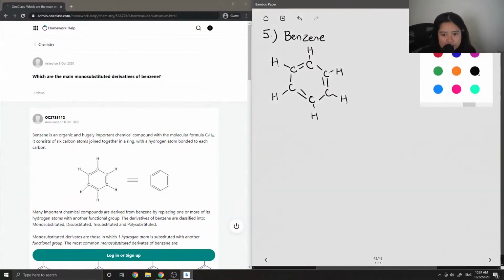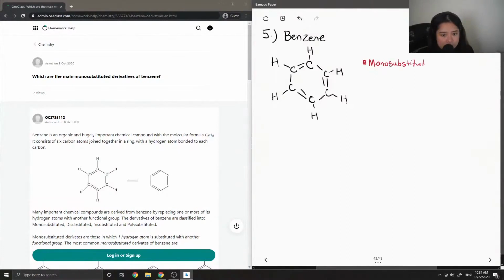So when we have a monosubstituted derivative, since there's a prefix of mono, this can help give us a hint of what this means. Monosubstituted means that one of the hydrogens is substituted with another functional group.